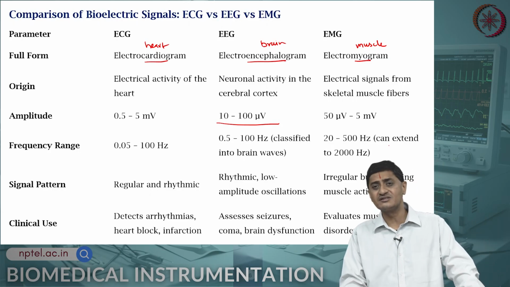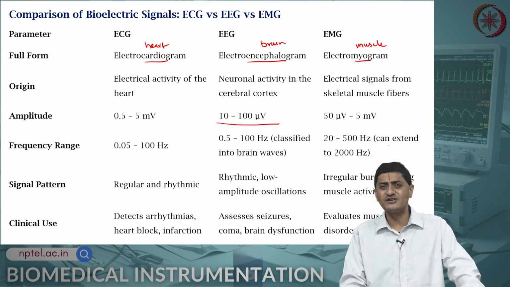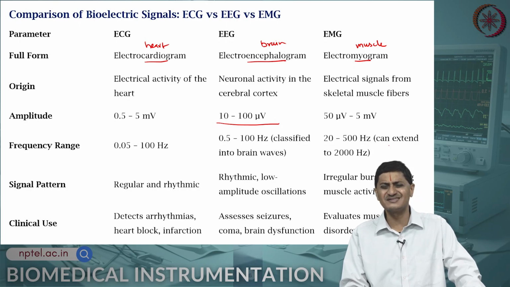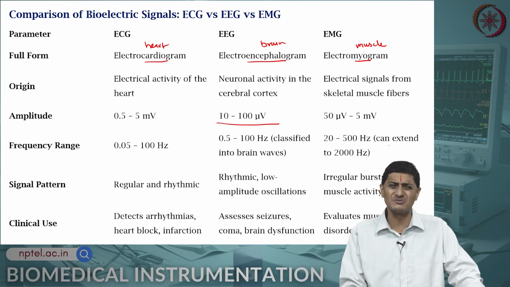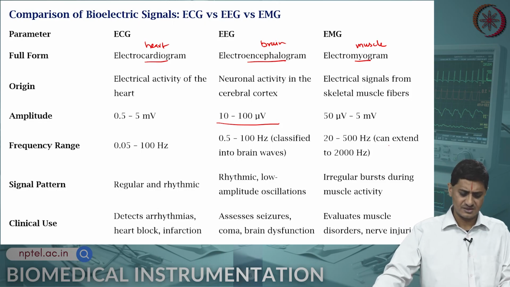Also in EEG you find substantial low frequency components between 0.5 and 100 hertz, classified into typical waveforms: alpha, beta, gamma, theta, delta, etc. Whereas in EMG the signals start at 20 hertz and can go up to 500 hertz. In some rare cases, for some specific muscles, it can go up to 2000 hertz.